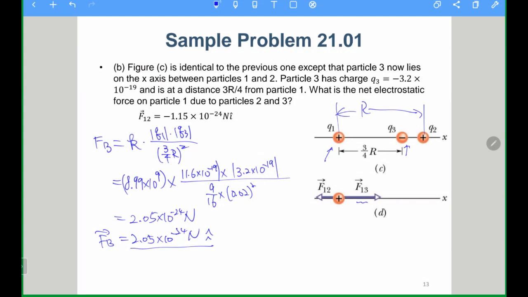So the total force acting on particle 1 will be F1 net equals negative 1.15 times 10 to the minus 24, plus 2.05 times 10 to the minus 24, all multiplied by i hat.